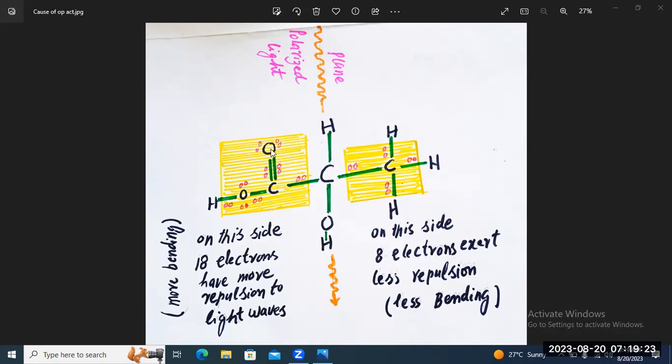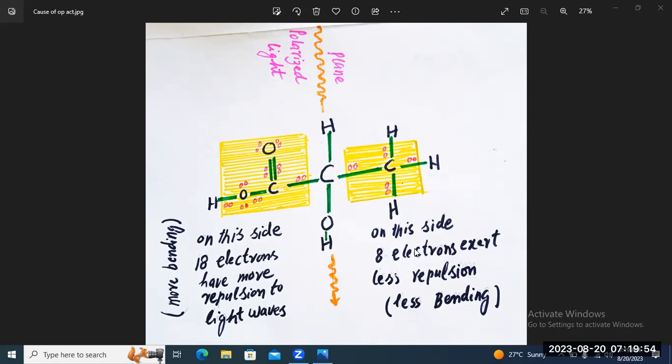The electronic environment of this side of the molecule is different from that of this side. This is the CH3 group having 2 electrons in this bond, 2 electrons in this bond, 2 electrons in this bond, 2 electrons in this bond.